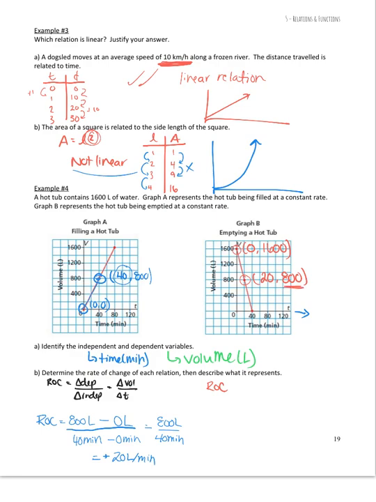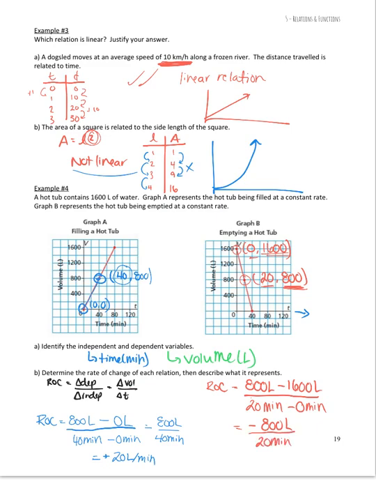So the final volume in this case, which is 800 liters, take away my initial volume, which is 1600 liters, all over my final time, which is 20 minutes, take away my initial time of 0 minutes. This gives me negative 800 liters over 20 minutes.